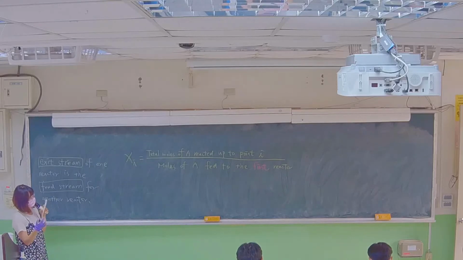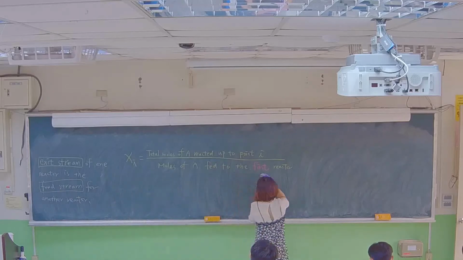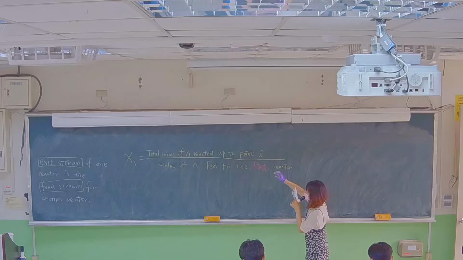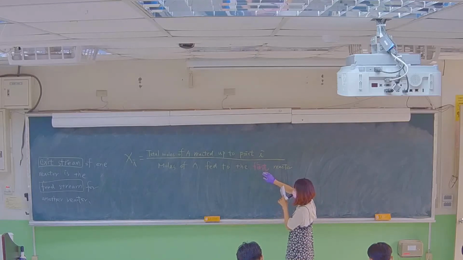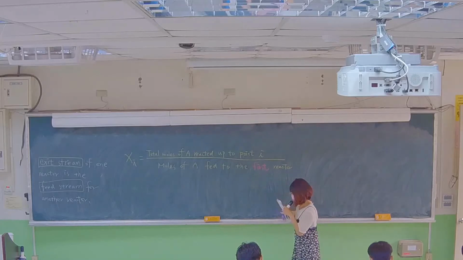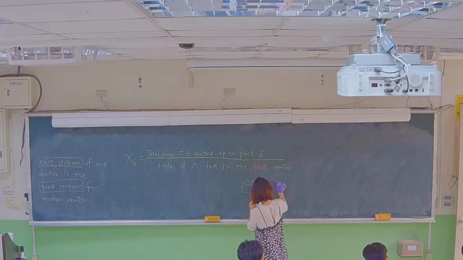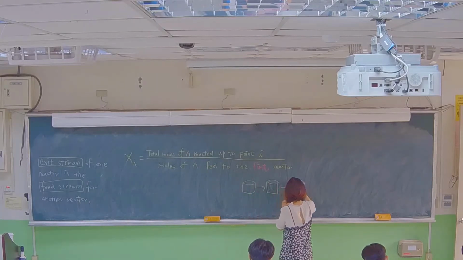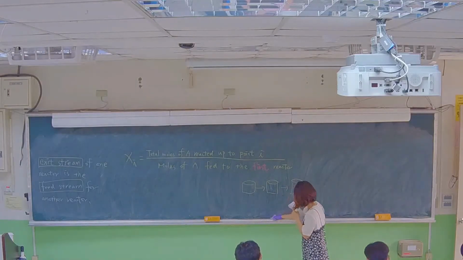I will give you a picture so you can know better. Pay attention to the first. Xi is the conversion versus the mass of A fed into the first reactor. Give me one minute, okay? Maybe you have 3 reactors connected in series.